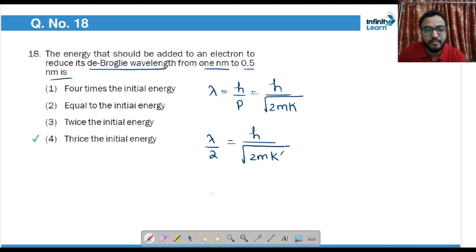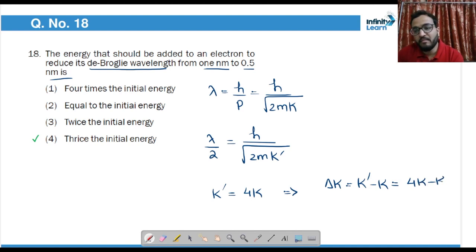If you take the ratio, K dash will become 4K. So what is the extra energy that is to be given? K dash minus K, that is 4K minus K. Delta K becomes 3K.